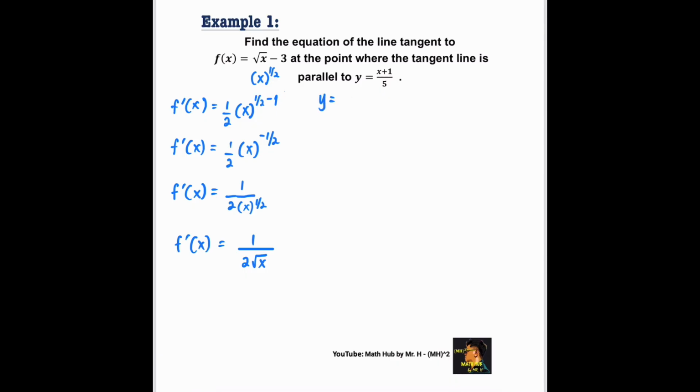We can rewrite that into x over 5 plus 1 over 5. And from here, you can see that this is in slope-intercept form. So definitely the slope of this line is equal to 1 over 5. So we need that information because we need to find the value of x in which the derivative is going to be equal to 1 over 5.